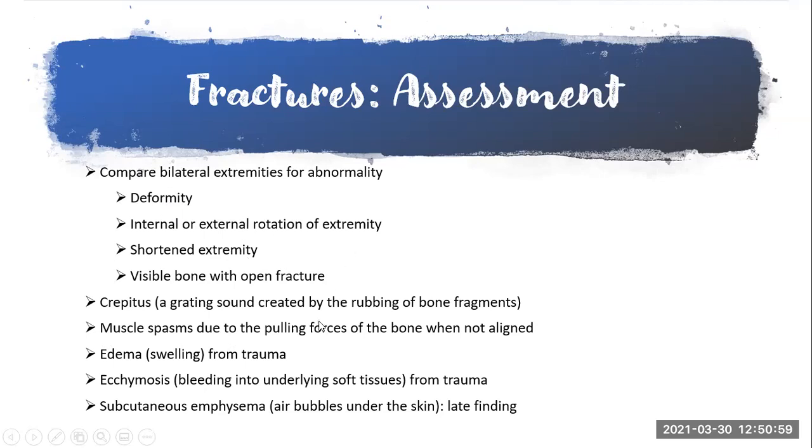And one leg may be shorter than the other, with the leg rolled inward. And then, of course, with an open fracture, you're going to see visible bone. Crepitus is that grating, like I told you, muscle spasms. You may have edema and swelling, ecchymosis again, or subcutaneous emphysema, which could be a late finding.